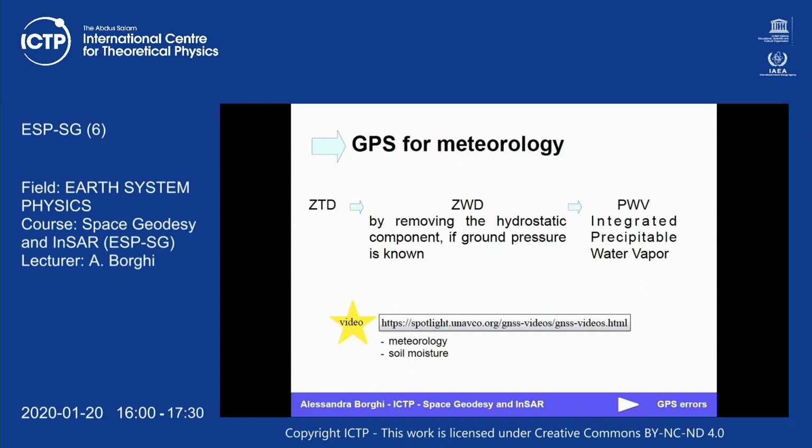So all the techniques are related. And now, at least in Europe, and I suppose in the United States, I don't know about the rest of the world, a lot of GPS stations are used for this type of application, to give a model of the integrated precipitable water vapor. So I will show you also this video.